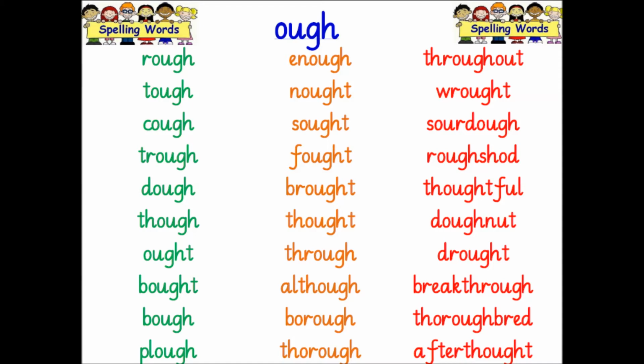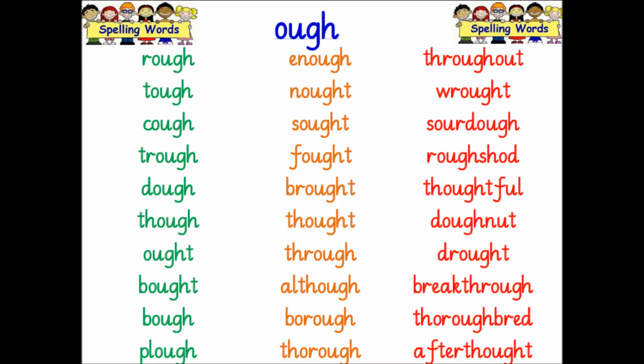Yes, it's a trough. Excuse me. So rough, tough, cough, trough. Then we have dough, though, ought. Now that is different from AUGHT because AUGHT means anything. Ought means should. I ought to do my work. I should do my work.